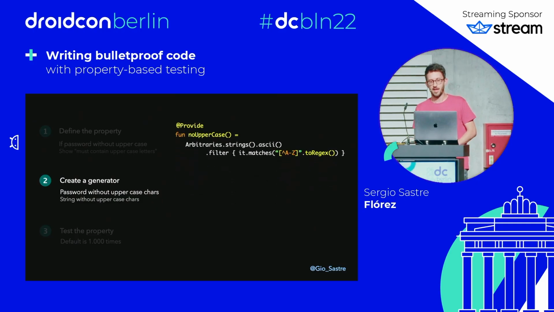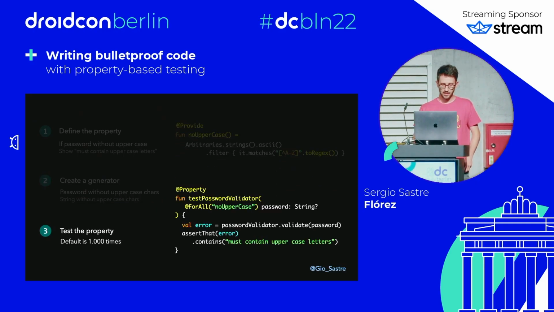And last but not least is to test the property. In jqwik, to define that the test is a property test, you have to use this Property annotation. And to pass the generator, we have to use this ForAll annotation as well. By default, it will generate 1,000 examples, semi-randomly with a seed.